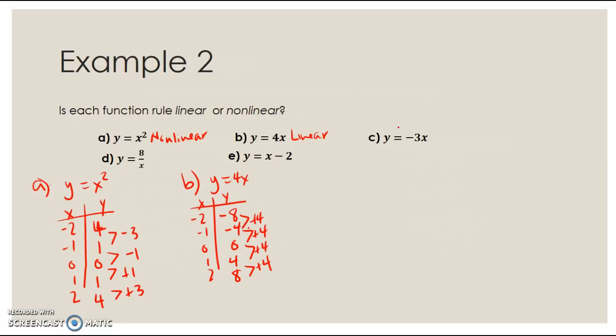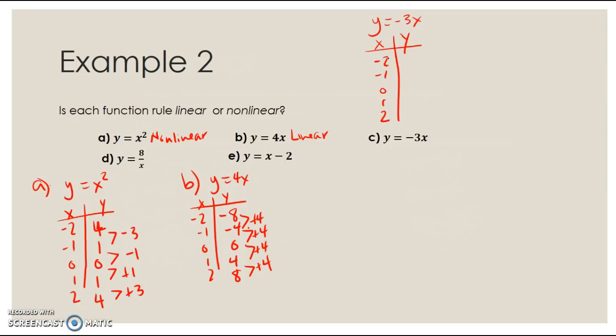So now moving on to c, I'm going to go ahead and use c up in this empty space up here. I'm going to make my little table, x and y. We're going to do y equals -3x. Again, I'm going to use -2, -1, 0, 1, and 2.